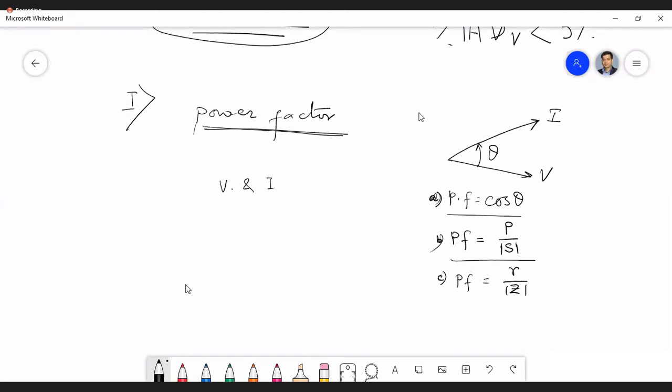V and I are phasors. Phasor means what? Phasor means they are sinusoidal. Isn't it? Otherwise, can we draw this definition? Can we write these definitions?